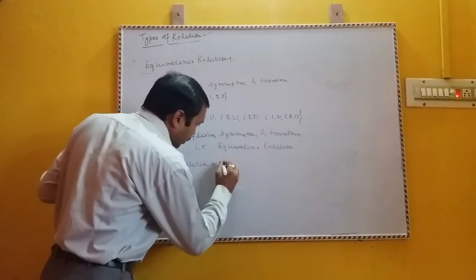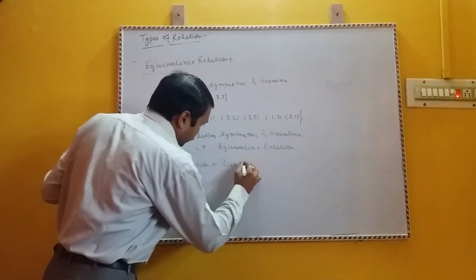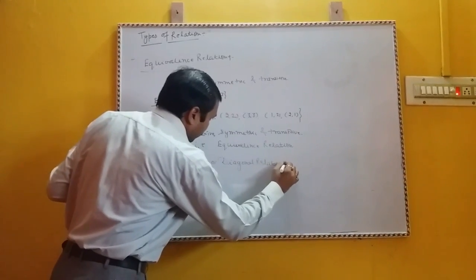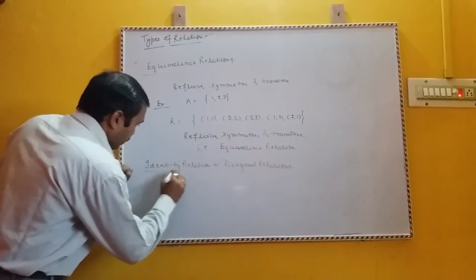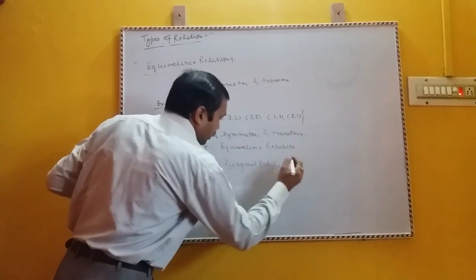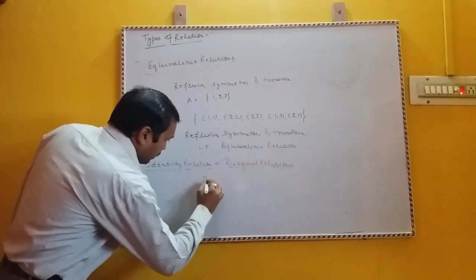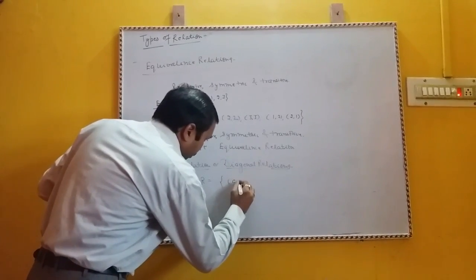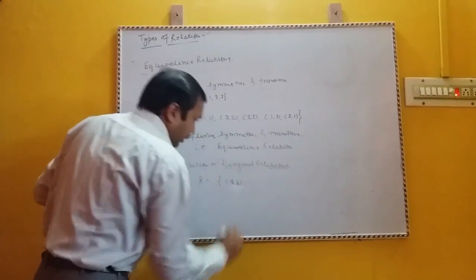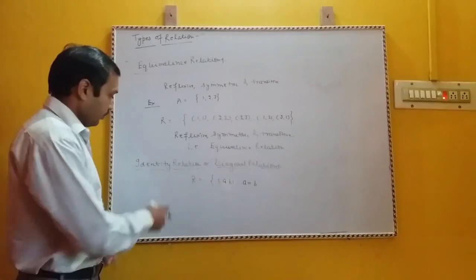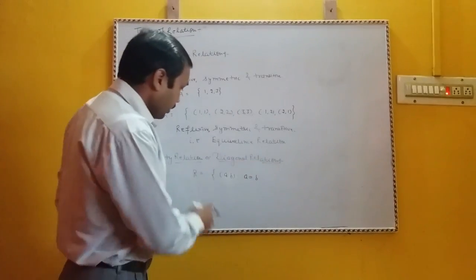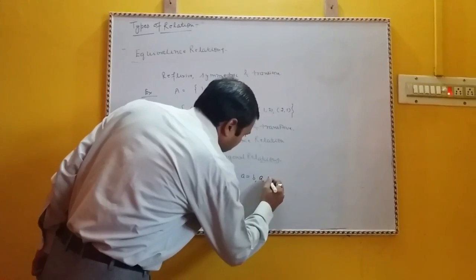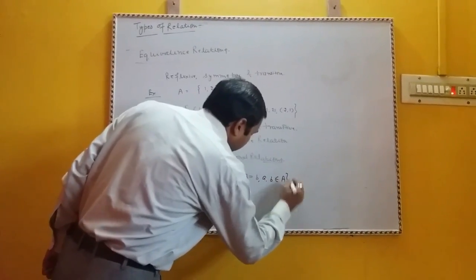Now, identity relation, or diagonal relation. Identity relation or diagonal relation on a set A is defined as R = {(a, b) such that a = b, and (a, b) belongs to A}.